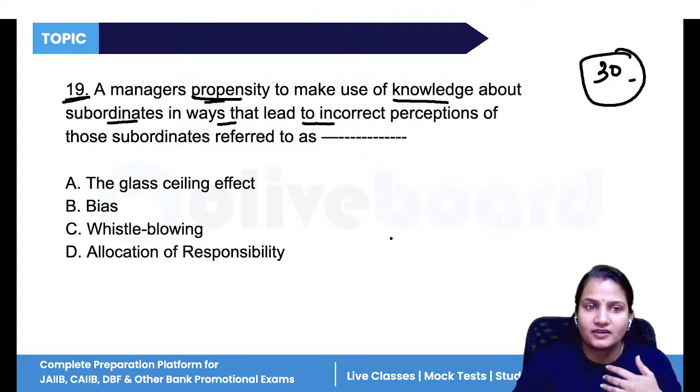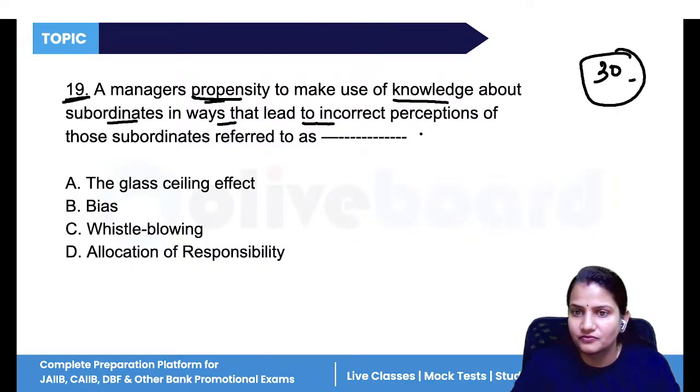See, what does manager's propensity to make use of knowledge mean? See, every individual is different. We know that, either it's me, or you, or some other person. Every individual is different. We have different perception related to different persons or different items.